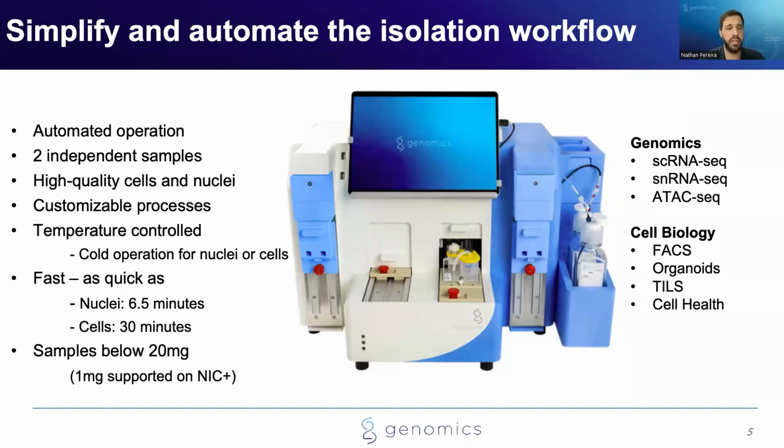So basically the machine is ready to go, walk up to do nuclei isolations, and prepare enzymatic reagents beforehand. But it is an open platform. So if you have a golden nuclei isolation buffer that works really well for your specific tissue type, you can totally load that on the Singulator as well and run it with that. Same thing with a special enzyme solution.